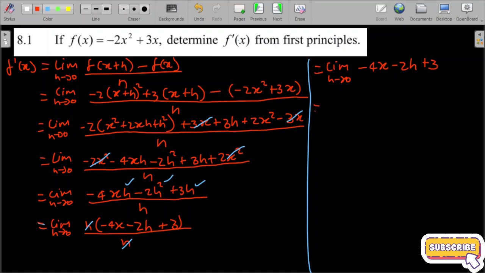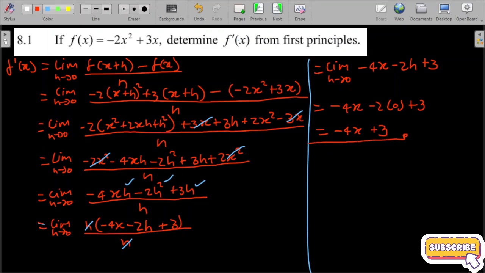Now after here, if I substitute h approaches 0 here, putting 0 here, I'm no longer writing the limit here. So it's negative 4x minus 2 times 0, and then plus 3. Then from here, this is going to be negative 4x and then plus 3.